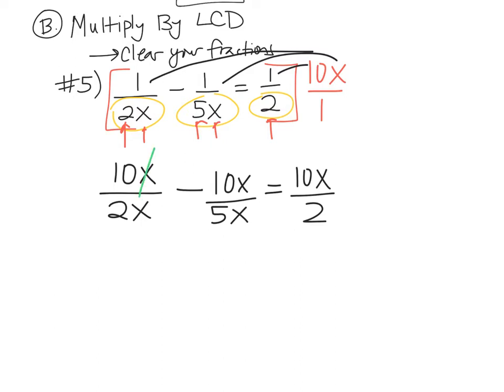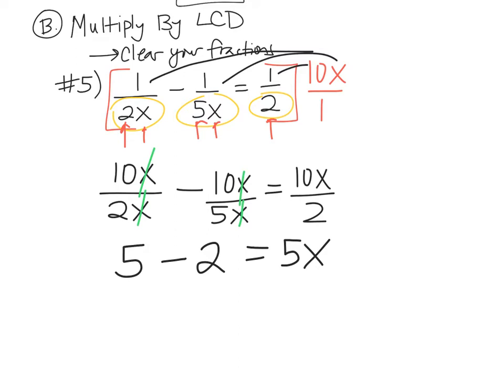All right. X and X will reduce. And then what's 10 over 2? 10 over 2 is 5. Yes. Okay, let's look over here. X and X reduce. And what's 10 over 5? 2. And then over here, how does this 10x over 2 reduce? 5x. See what we just did?